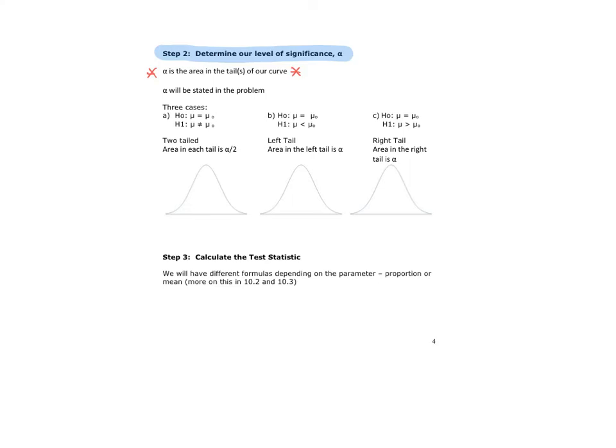The first case is our two-tailed test. Again, we know that it's two-tailed because of that inequality in our alternative hypothesis. Because it's two-tailed, the area in both tails total is alpha, or the area in each tail is alpha over 2.